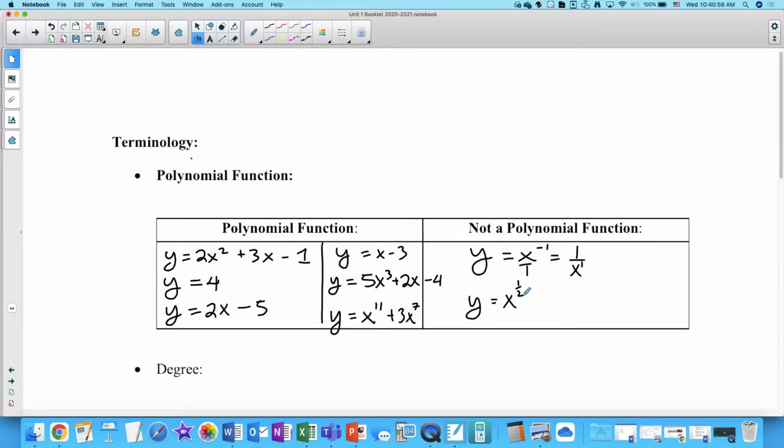Exactly. Fractional exponents are essentially radicals. So in this case, we're looking at the square root of x because the denominator of the exponent becomes the index of the radical. Okay, so yes, you're right. Radicals are not polynomial functions. They are functions, they're just a different type of function.